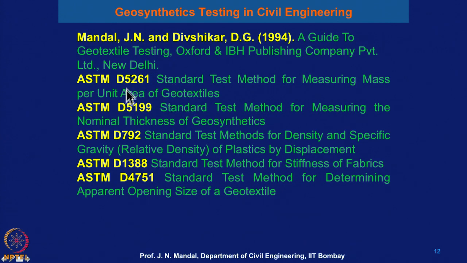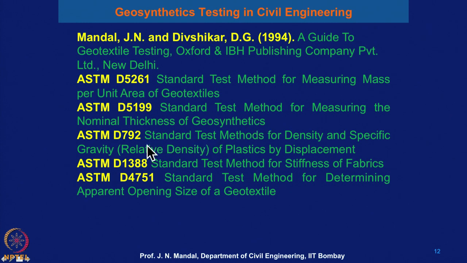You can also follow ASTM D5261, the standard test method for measuring the mass per unit area of geotextile. ASTM D5199, the standard test method for measuring the nominal thickness of geosynthetics.